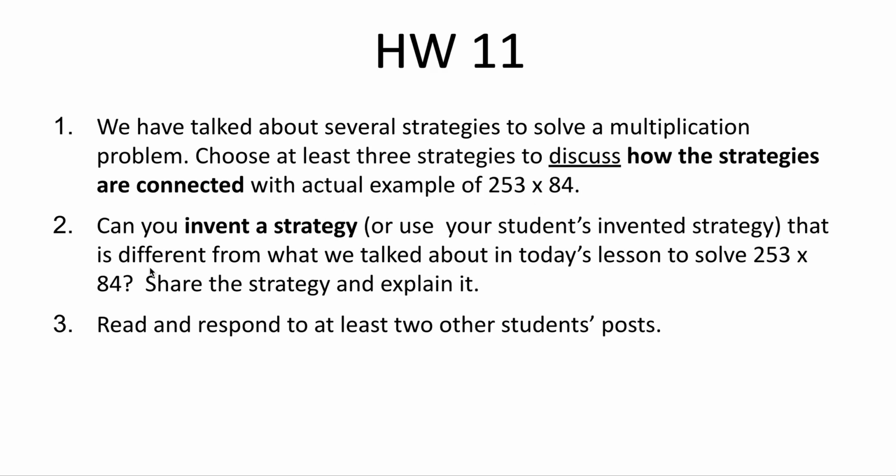And the second part is, I want you to invent your own strategy to solve the same problem, 253 times 84. Or you can ask your student to multiply 253 times 84 in their own way, so they can invent their own strategy.